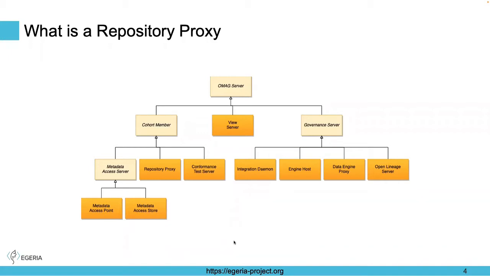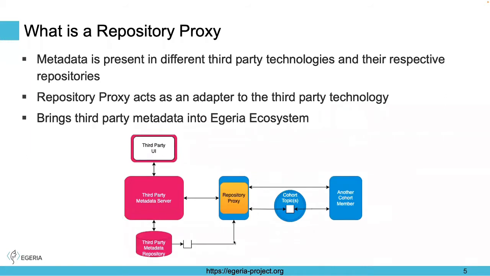This is how this can be done. It depends on the really underlying technology. Again, about the purpose: we all know that in real life, in all organizations and in different environments, metadata is always present in different technology silos or platforms, and it's just managed there independently.